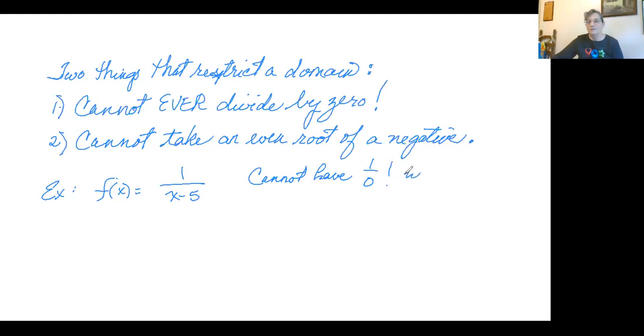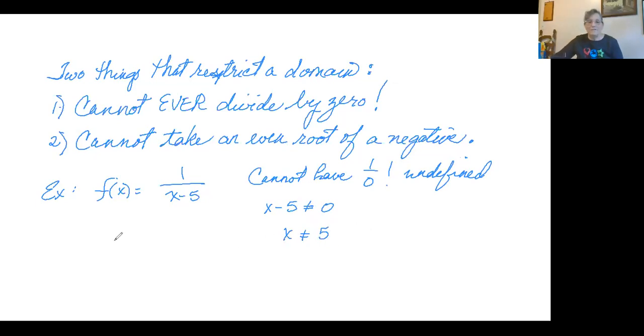This would be undefined. This is going to equal 1 over 0 if x minus 5 is equal to 0. So x minus 5 cannot be 0. If x minus 5 cannot be 0, then this says that x cannot be 5.